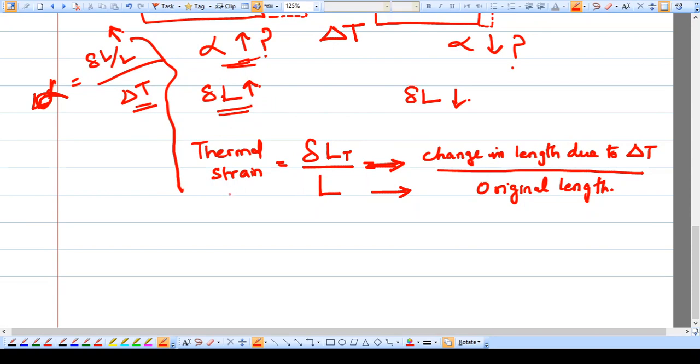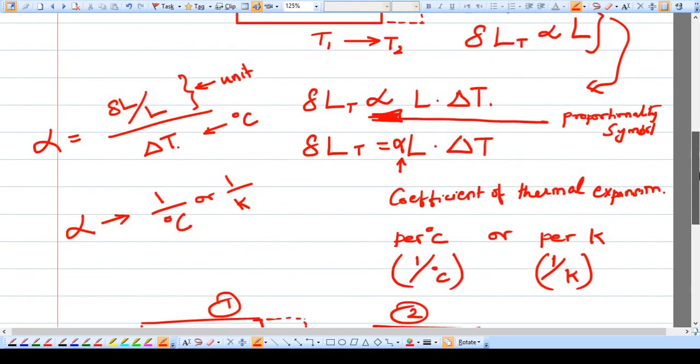The thermal strain is denoted by the term epsilon T. Keep this as equation 1.